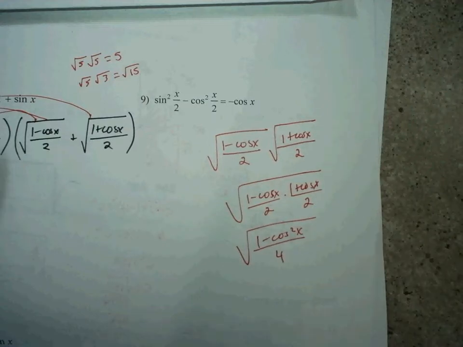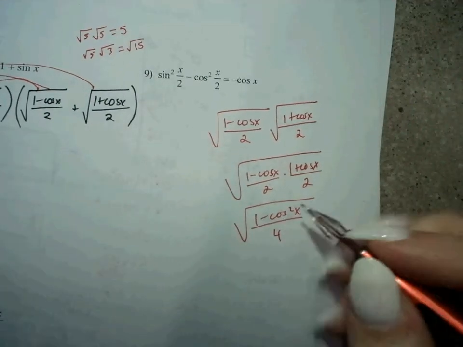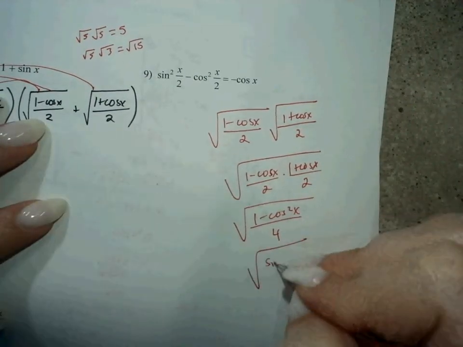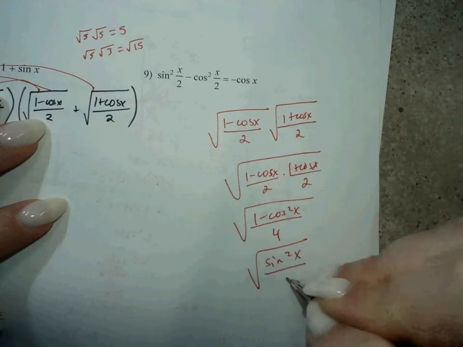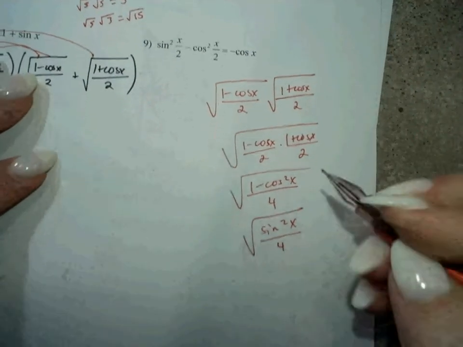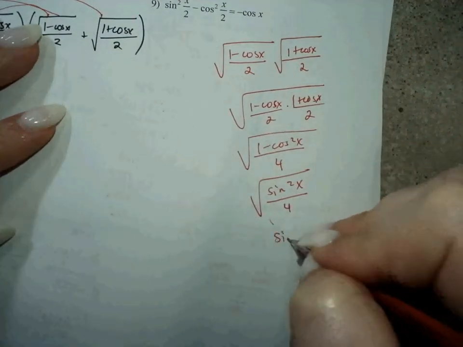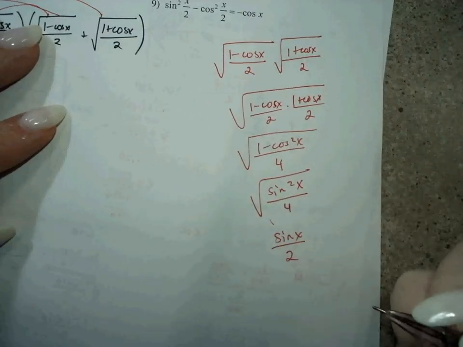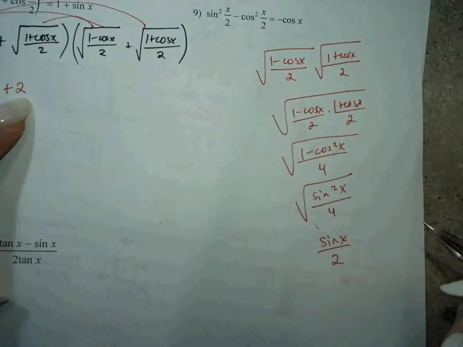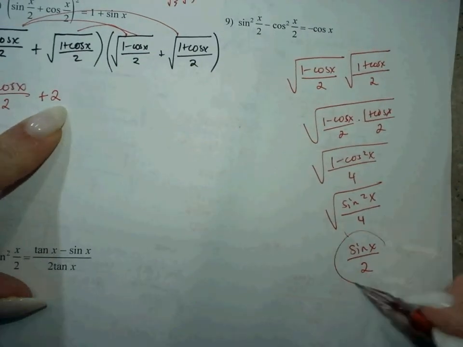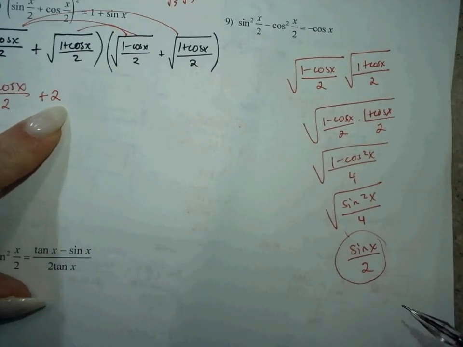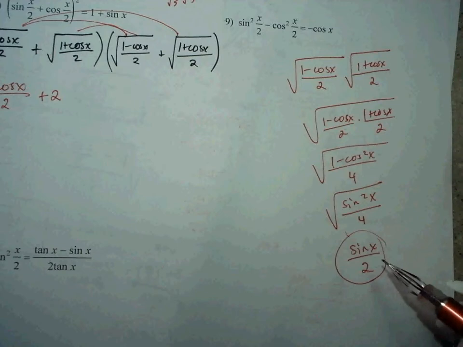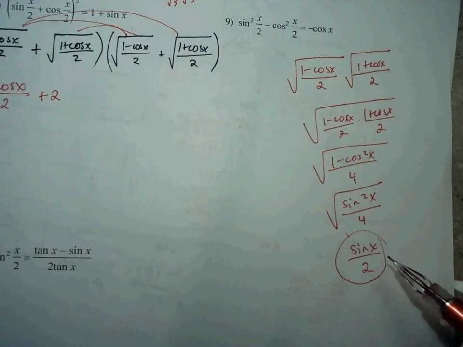The numerator becomes 1 minus cosine squared, the denominator becomes 4, and 1 minus cosine squared is sine squared. And the square root of sine squared is sine, and the square root of 4 is 2, which means that I've got 2 of these, okay?